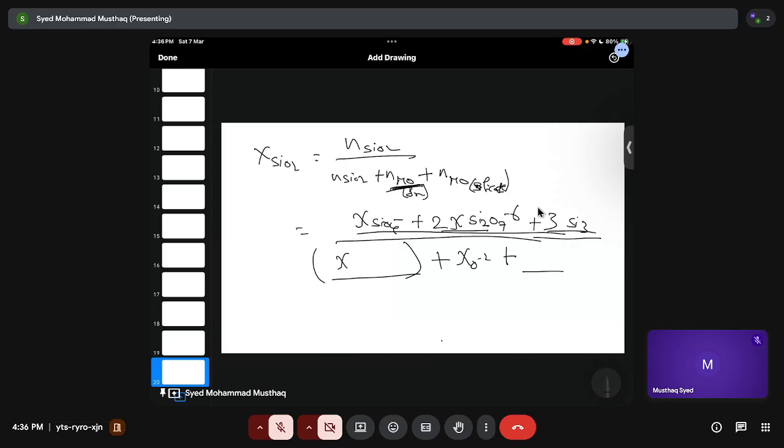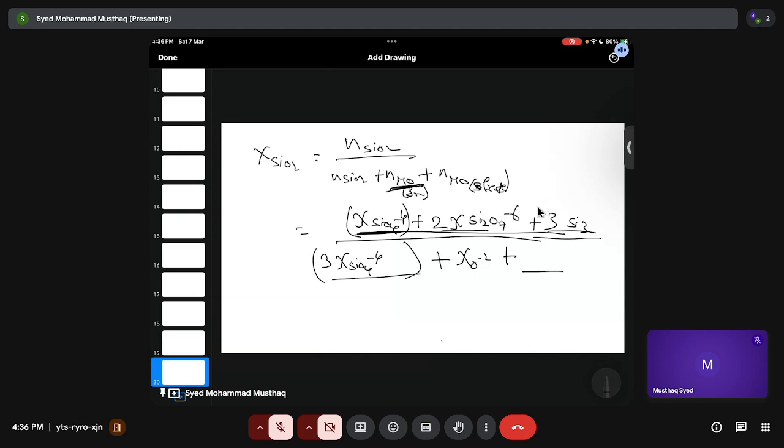So for every silica, SiO4 minus 2, SiO4 minus 4, how many moles of metal oxide do you need to add? 2 moles. That's why this will become 3. You already have 1 mole.